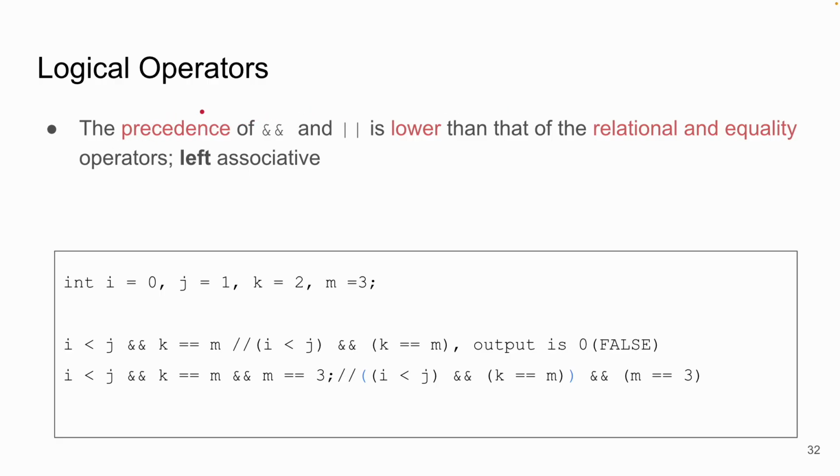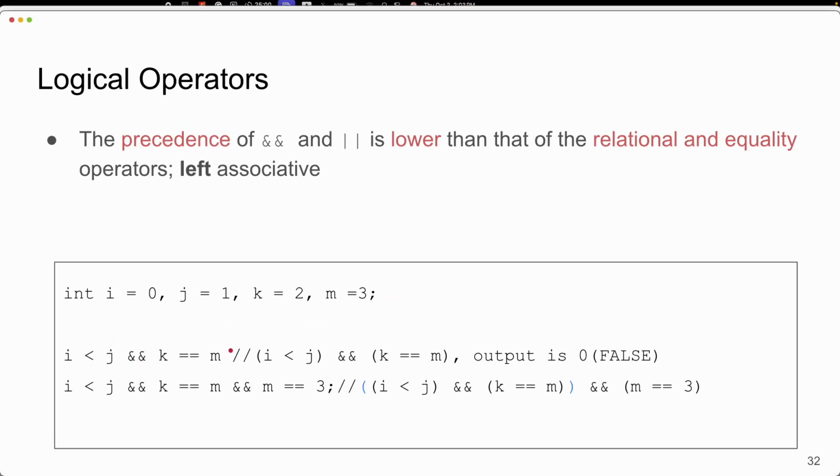And again, for the precedence of these two logical operators, and and or, their precedence is lower than the relational and equality operators, and they are left associative. So if we have the example here, we have all these integer variables, and we write down the line like this.